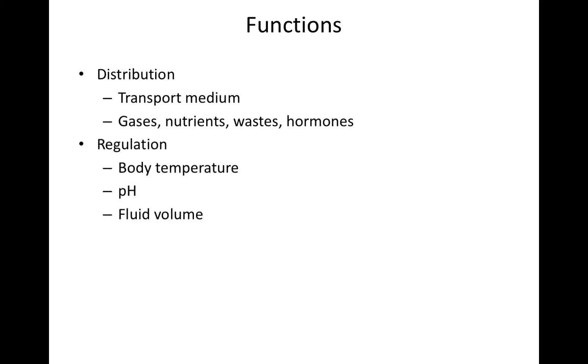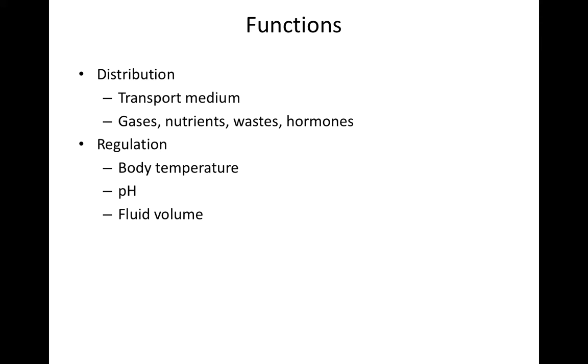Then we have a regulation, or what I would call a homeostatic role for blood. Body temperature falls into this, so your blood is going to be routed either closer to the skin or farther away based on your body temperature. So it's going to play a role in maintaining proper temperature there, the homeostatic regulations.